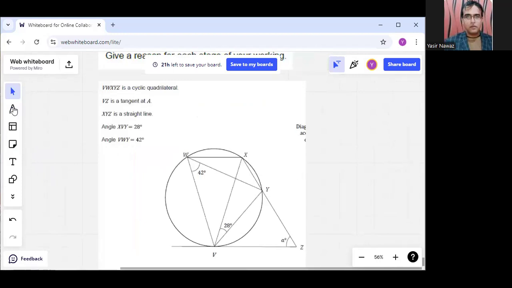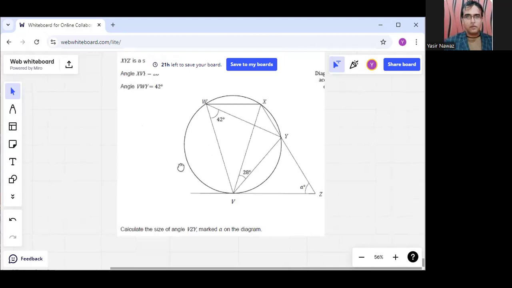VZ is a tangent at A. XYZ is a straight line. Angle XVY is 28. Angle VWY is 42. Calculate the size of angle VZY.